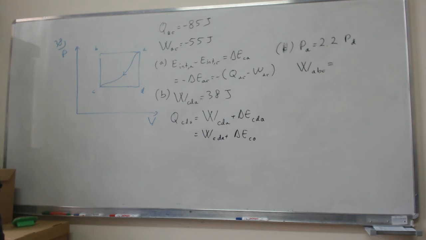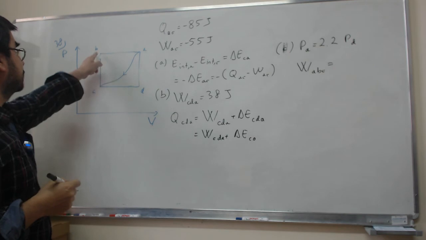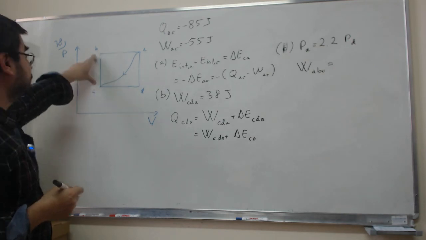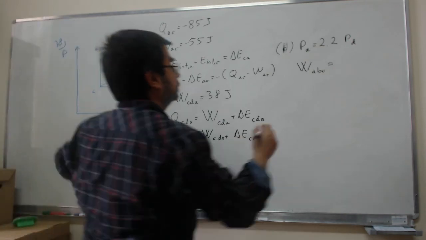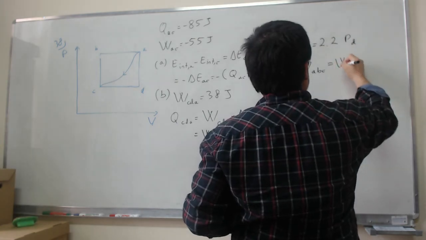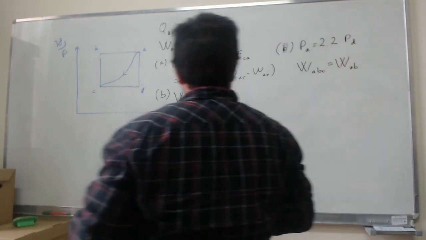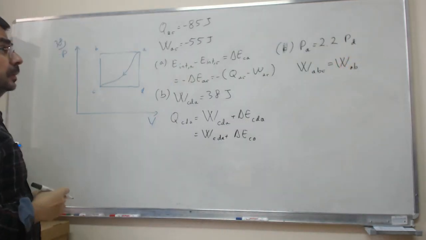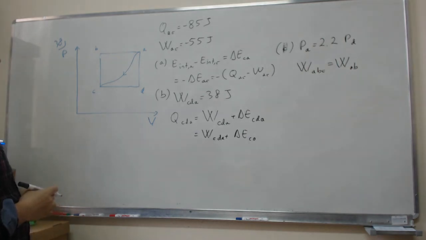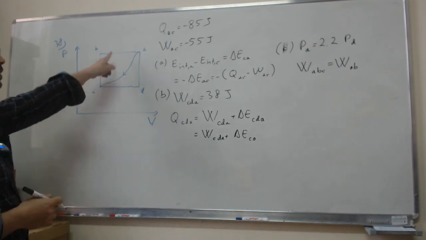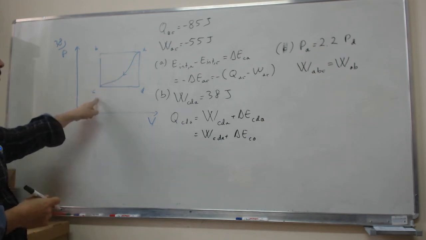Okay? So how would you calculate WABC? So WABC is the work done as you go from A to B to C. Again, from B to C, this is nothing. So this is just work done from A to B. And this work done from A to B is 2.2 times the work done as you go from D to C, right?